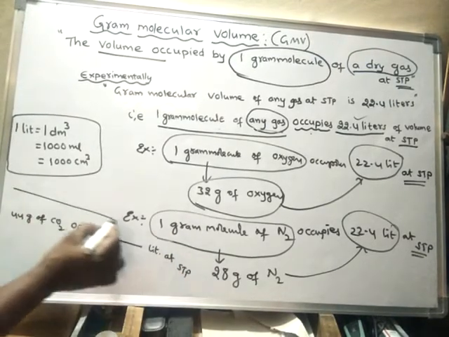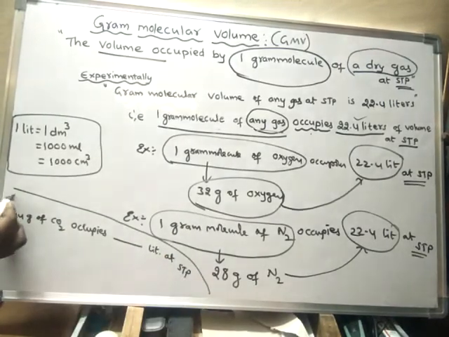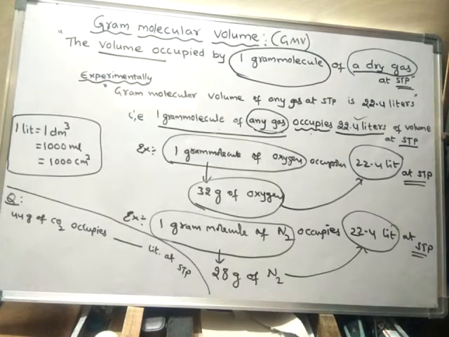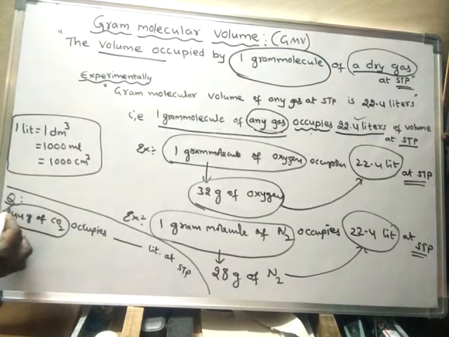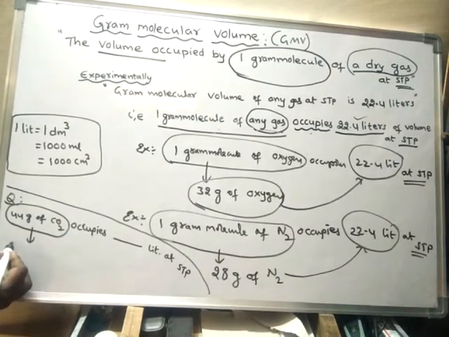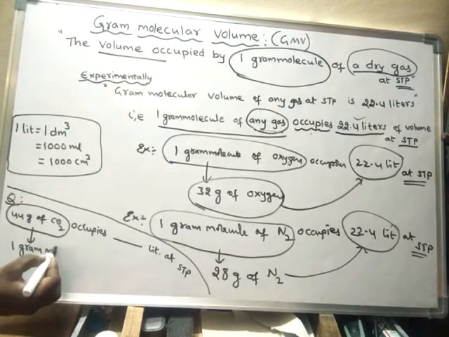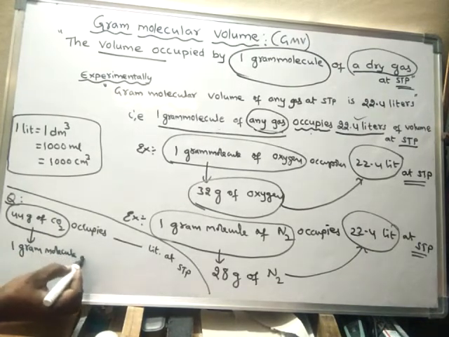So this is a question. 44 grams of carbon dioxide occupies dash liters at STP. Already we know that 44 grams of carbon dioxide is equal to 1 gram molecule of CO2.